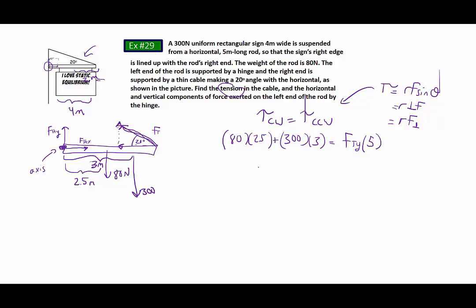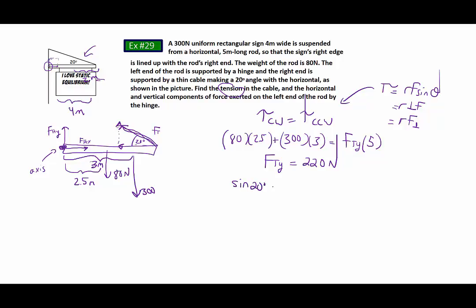So when I solve for FTY, I'm going to get that the y component of tension is 220 newtons. Okay? So I want to find that overall tension. Thankfully, I know the angle already, so I can actually use an angle and some trig to find that force of tension, the hypotenuse. So I'll use sine.